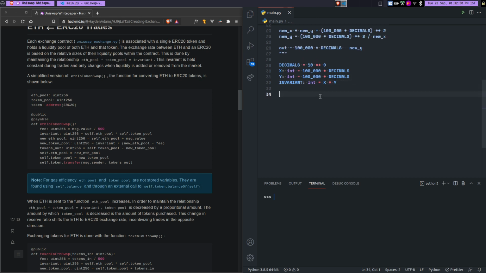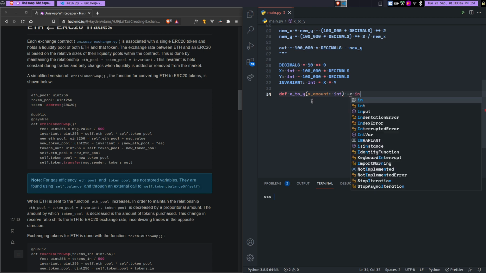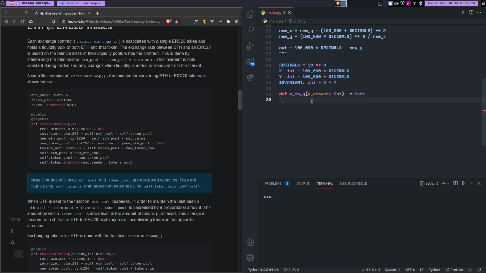Perfect. Now let's create a method that will exchange X into Y. So we'll do X to Y as the name of the method, and it takes the X amount as the argument, which is an integer, and we give back an integer as well. So this method converts X into Y.